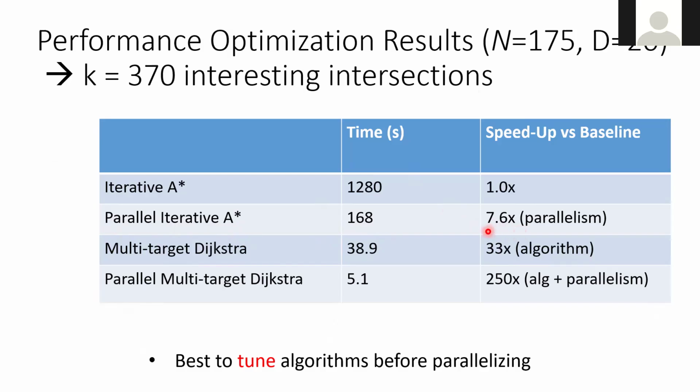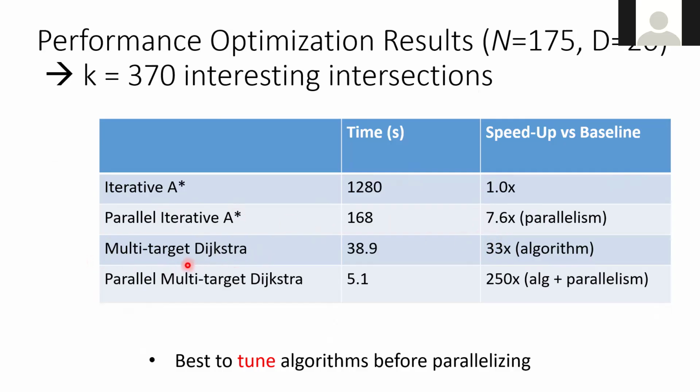We're constrained to 7.6x because we only have 8 physical cores on our system. We can do 16 threads, but because some of the resources are shared across each two threads on each core, it's really constrained by the number of cores rather than the number of threads. So 7.6x is the most we can get on these computers.